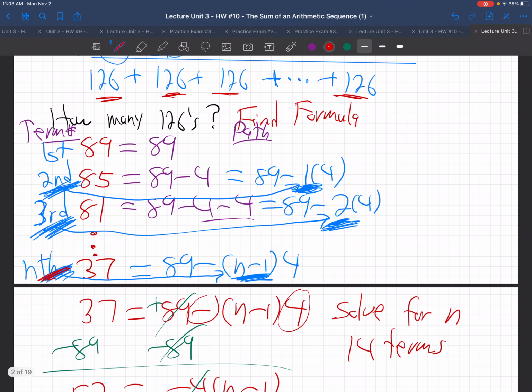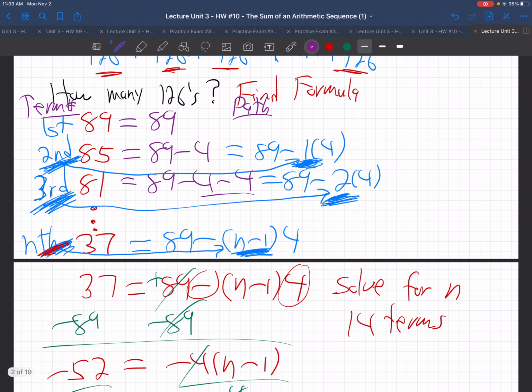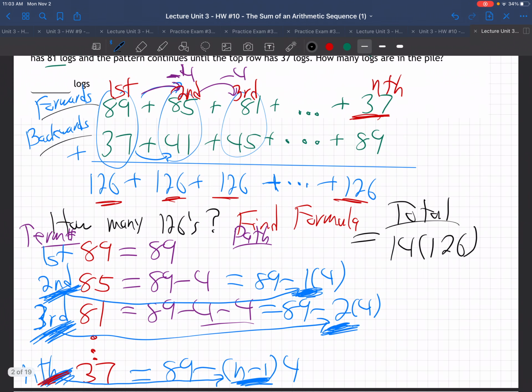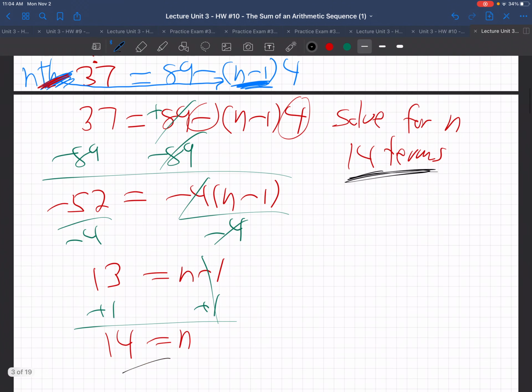So that means how many 126s? So bring it up here. The total equals 14 times 126, right? Because this is the 14th term. That's what we just found with that work we did for n down there. n came out to be 14.